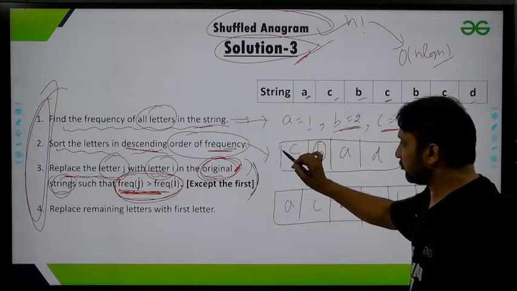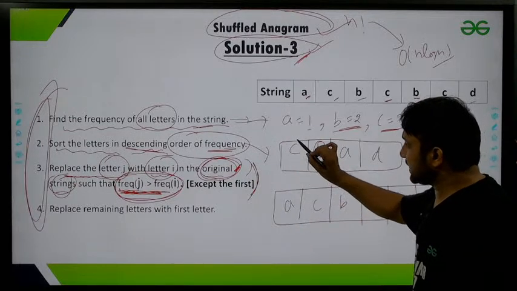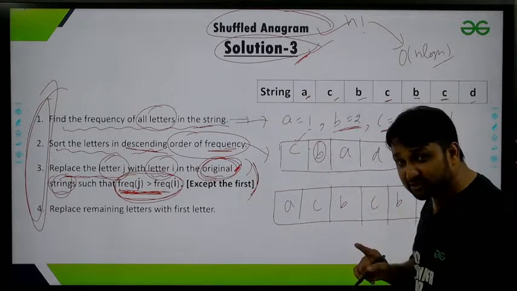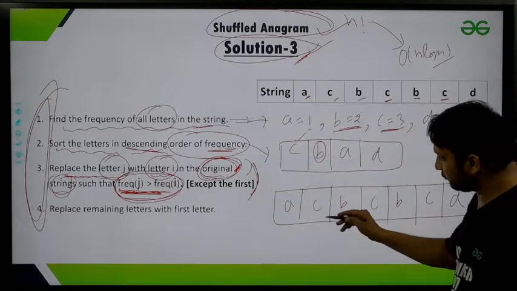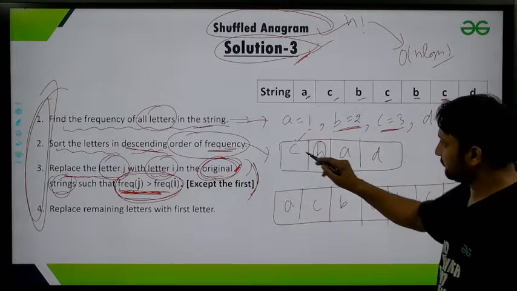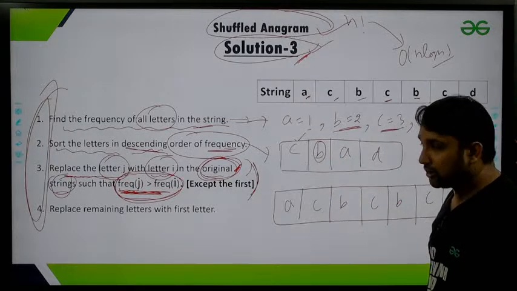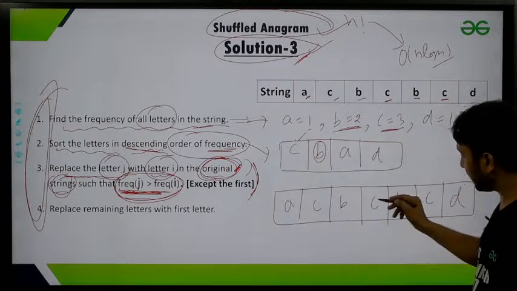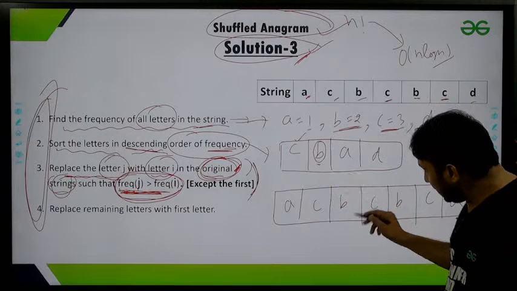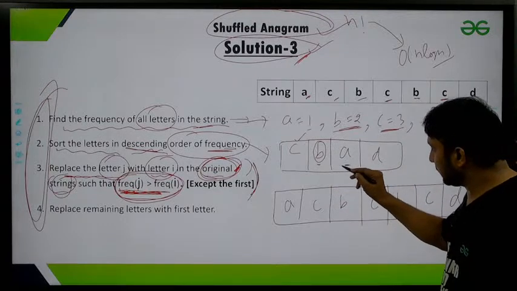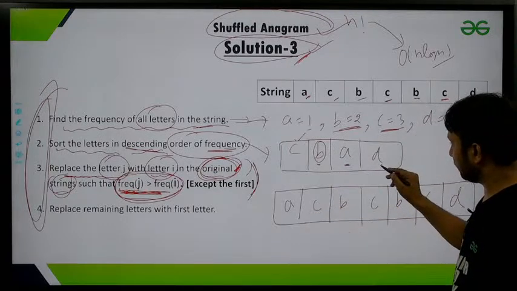In the third step, you will place the elements in place of C first. Wherever C is there in the original string, you will replace that first. C is occurring 3 times, so you will replace every C. Then after that you will replace B. After that you will replace A. After that you will replace D.